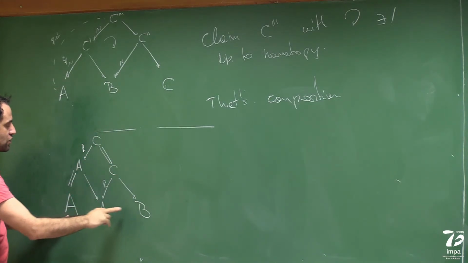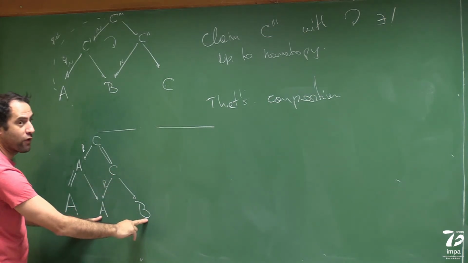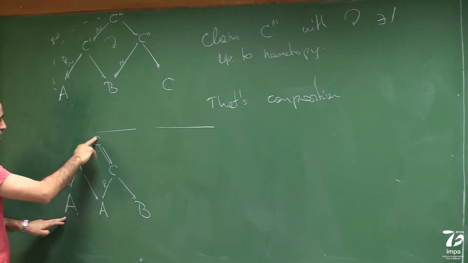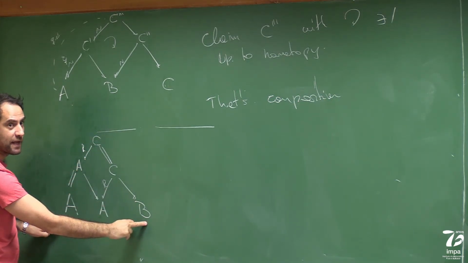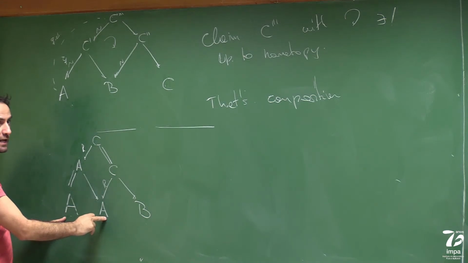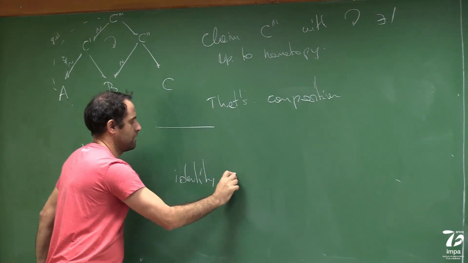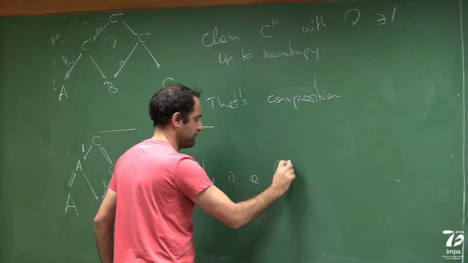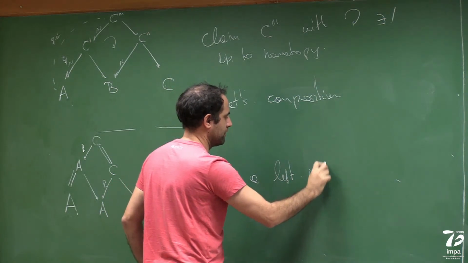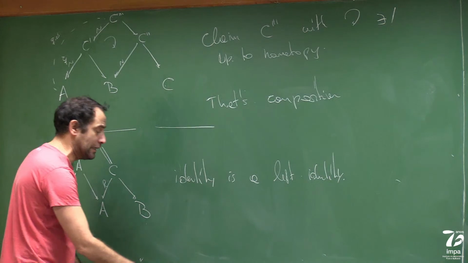So this is the composition of the identity morphism of A with this morphism from A to B, and what I've gotten here is F and the same morphism that I had before. So the identity is a left identity. So we need to check that it's a right identity as well.